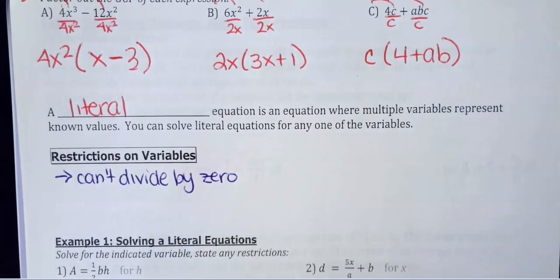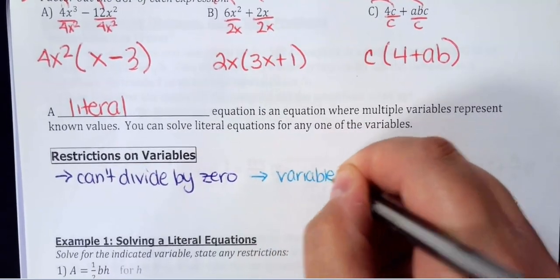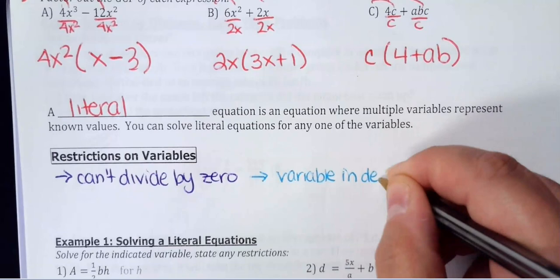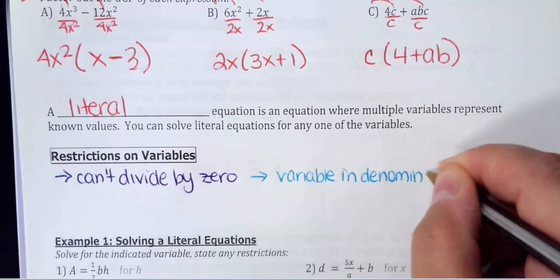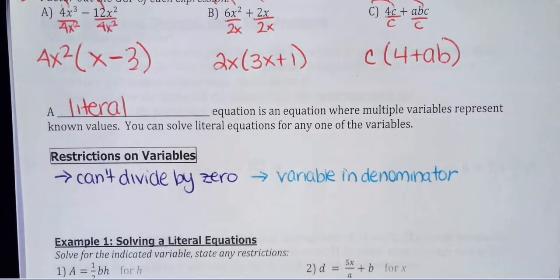What you're going to look for there is if you have a variable in a denominator. It doesn't matter if it's in the top, but if you have a variable in the denominator of a fraction in your answer, there's a potential that you could introduce a value for that variable that would cause you to divide by 0. So we'll talk about that in a second.